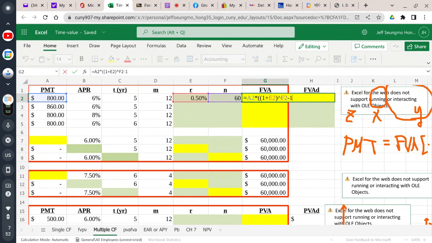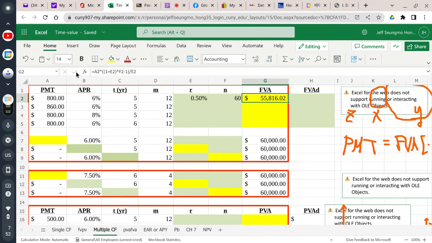And then this whole numerator needs to be divided by r. Hit enter. Okay, there you go. We got something.